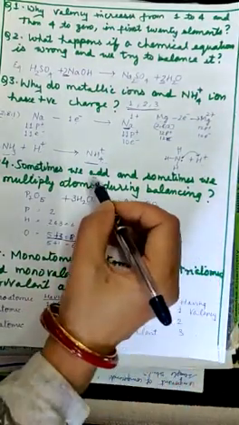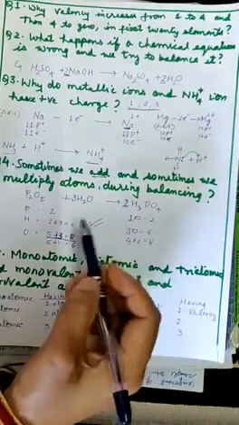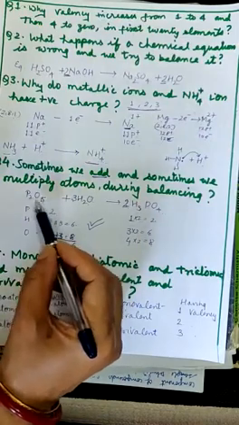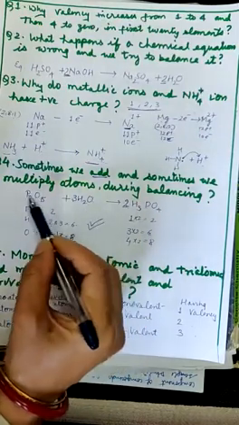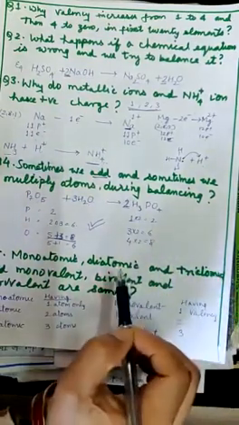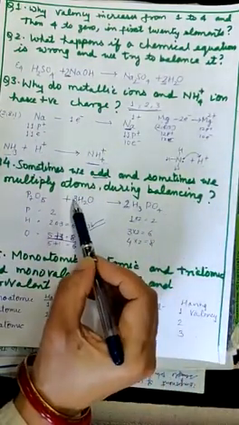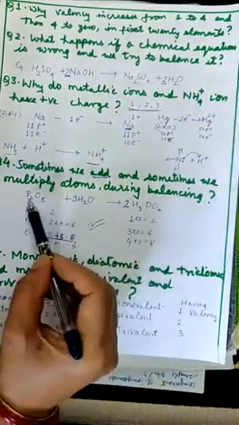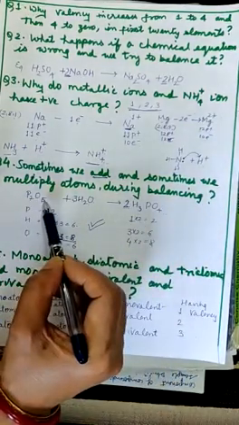So the answer is, we add when a particular element, like oxygen, is present at more than one place, either on the left-hand side or on the right-hand side. And we multiply when there is more than one molecule of any reactant or product. In P2O5 we do not have to multiply with anything.